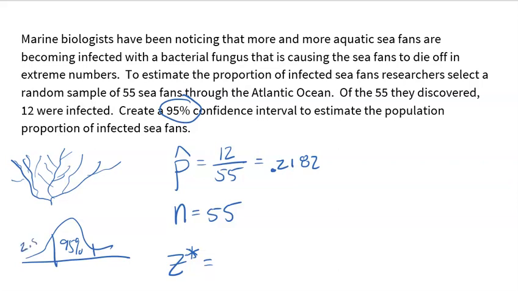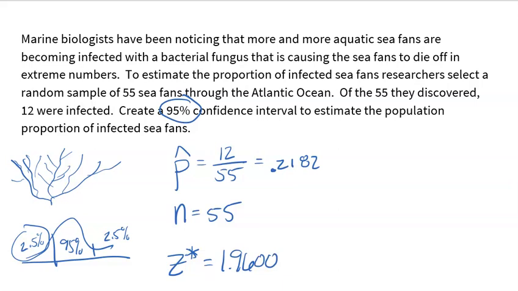That puts 2.5% at the bottom that are significant, 2.5% at the top that are significant. So to get the z-star, the easiest way is to use your TI-84 calculator and do an invert norm of the bottom 2.5%, and you get 1.9600 as your z-star. Again, we talked about how to calculate that in the previous video.